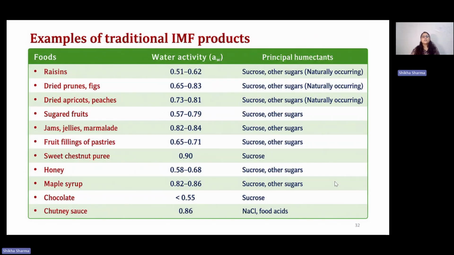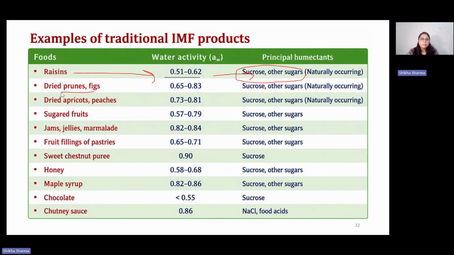There are some other examples of traditional intermediate moisture food products, like raisins, and their water activity and the principal humectants used, like sucrose and other sugars that are naturally present in the raisins, which is why the water activity of raisins is 0.51 to 0.62.